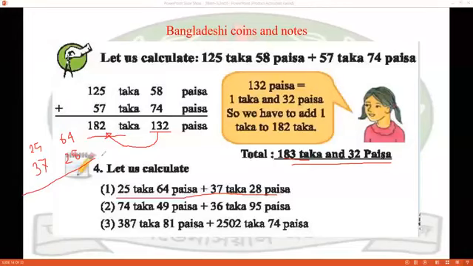So 64 plus 28 paisa, it will be 92 paisa. And 25 taka and 37 taka, 25 plus 37 taka, it will be 62 taka. So here by adding up we write 62 taka and 92 paisa.